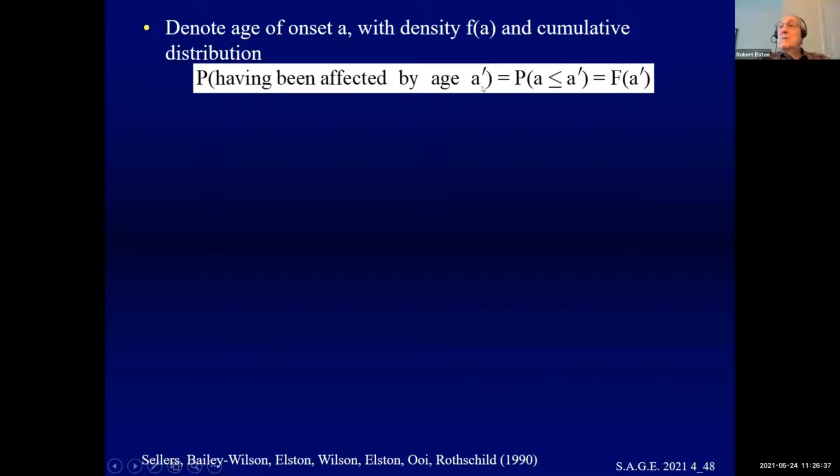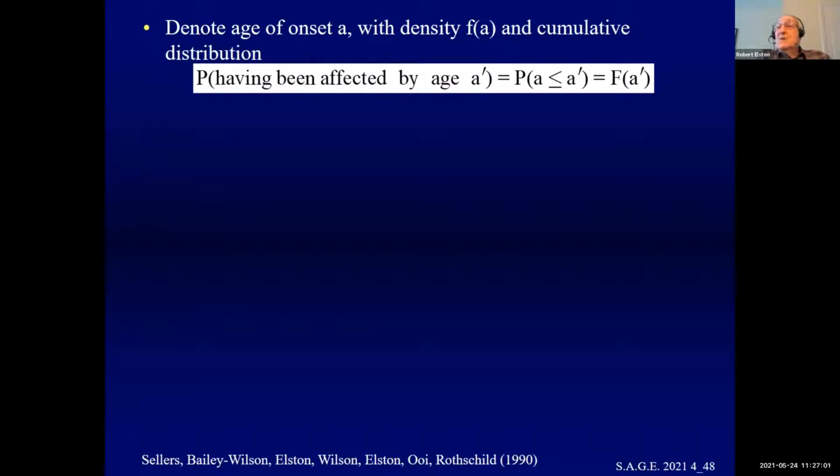And if you'll remember, we assume that once affected, always affected. People say, well, why don't we use survival analysis? The problem with survival analysis is that the susceptibility is required to be 1.